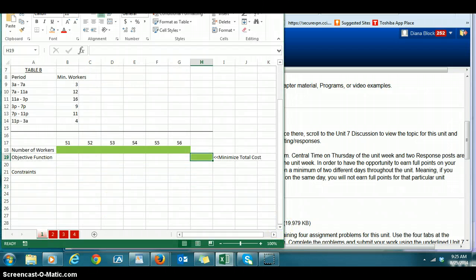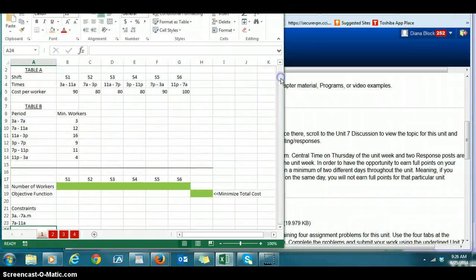You're going to have some constraints, and your constraints are related to the 4-hour shifts. So the 4-hour period, start times. So you're going to have 3 to 7 a.m., 7 a.m. to 11 a.m. All these different start times, right? So you'll list them all there. And what you'll have to keep in mind is that for every 8-hour shift up here, there's 2 4-hour start times.